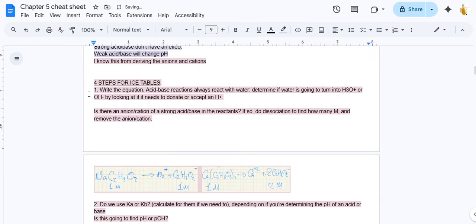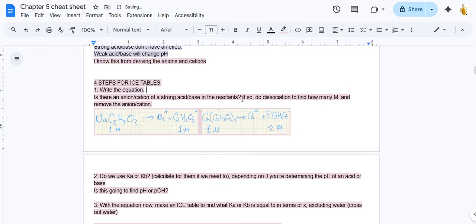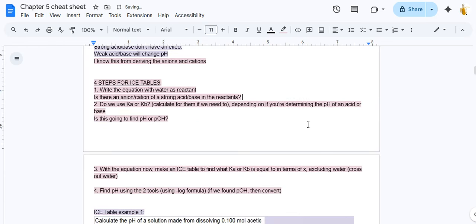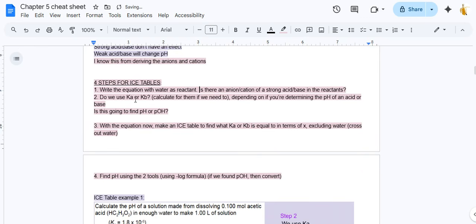So maybe I'll write the equation with water as reactant. Is there an anion cation? Do we use, I keep these questions maybe?